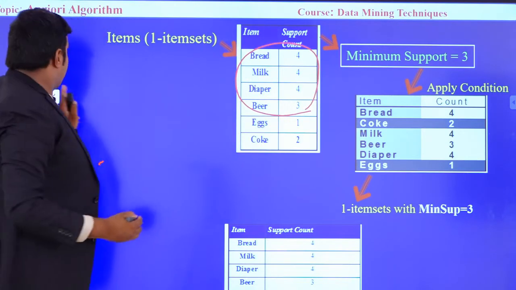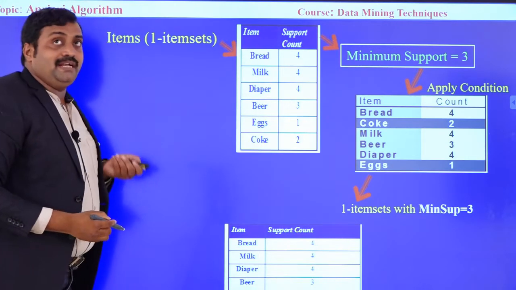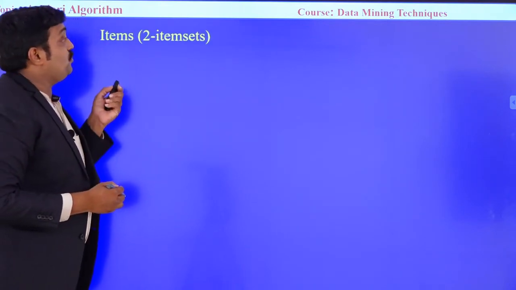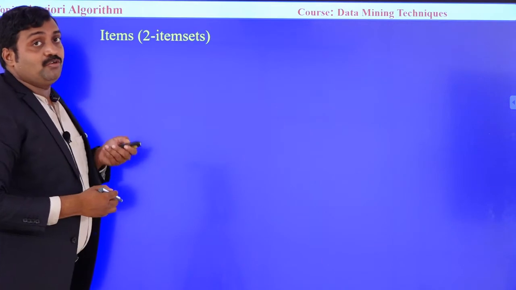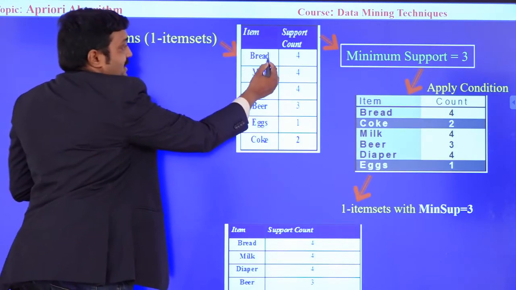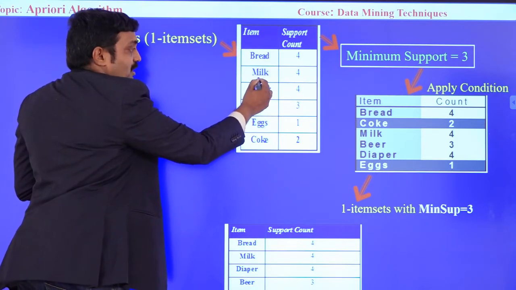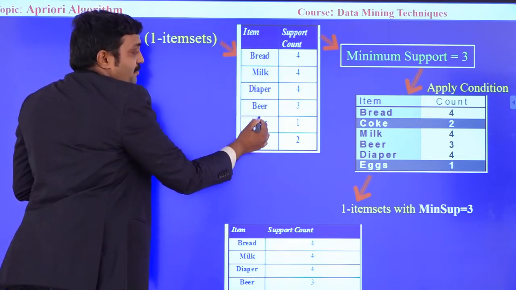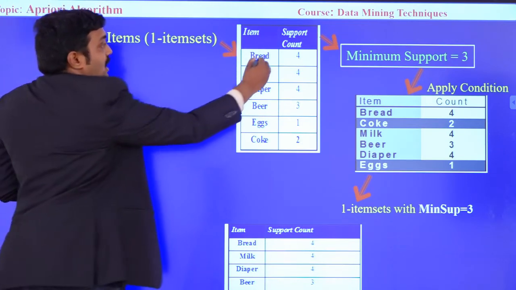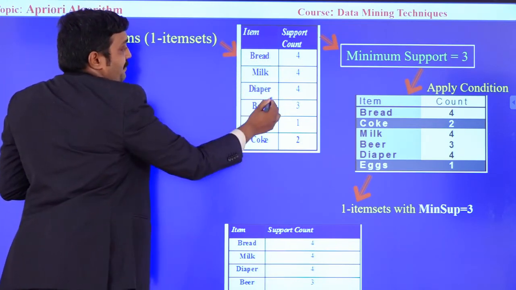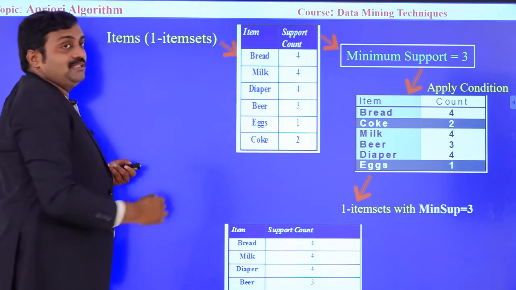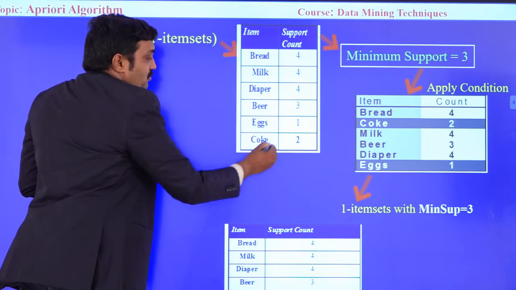Now we are going to do the second step, combination, that is k equal to 2. K equal to 2 means combinations of the previous single items: bread, milk, diaper, beer, eggs, coke. Bread with milk, bread with diaper, bread with beer, bread with eggs, bread with coke. Anyhow, eggs and coke are eliminated.